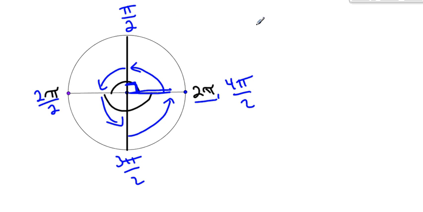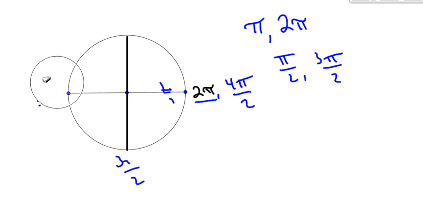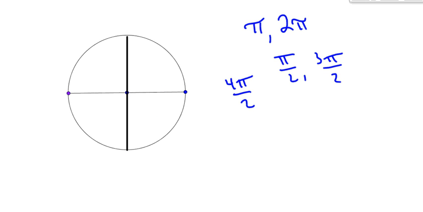So make sure that you're keeping track. The radian measurements that are important are pi and 2 pi. Also, pi over 2 and 3 pi over 2 are very important. And then if I clean this up a little bit, not only do we want to know about pi over 2 and pi and 3 pi over 2 and 2 pi, we also want to talk about what happens if I rotate halfway to a right angle.